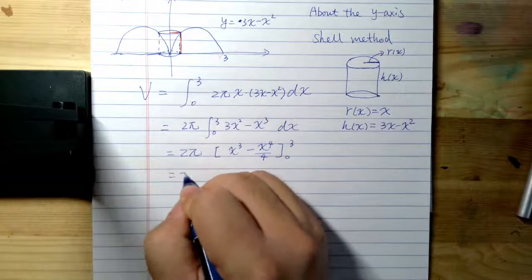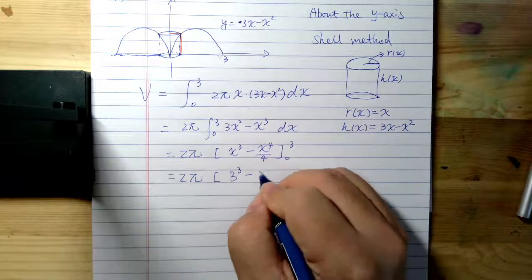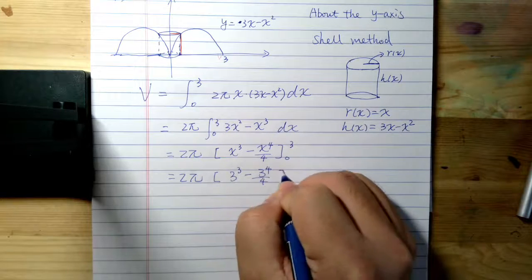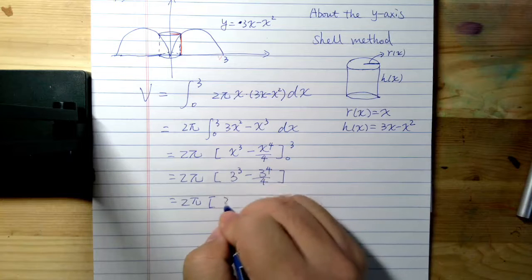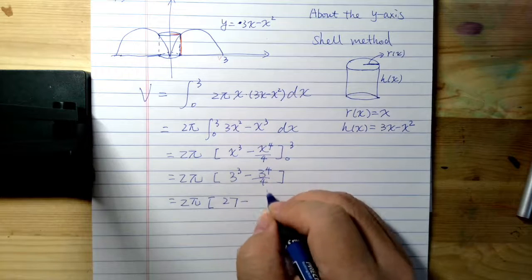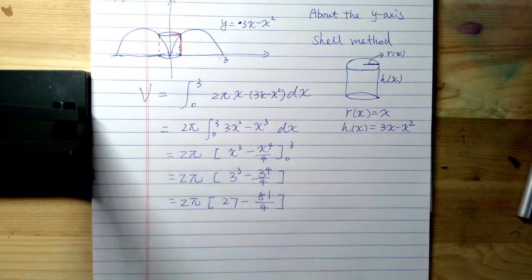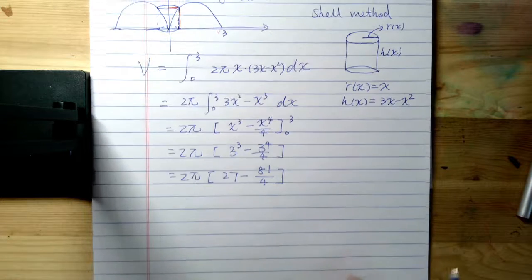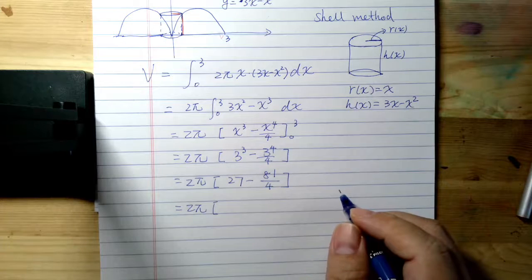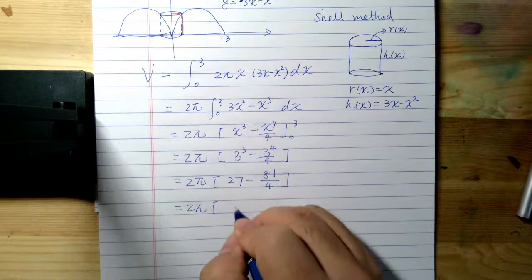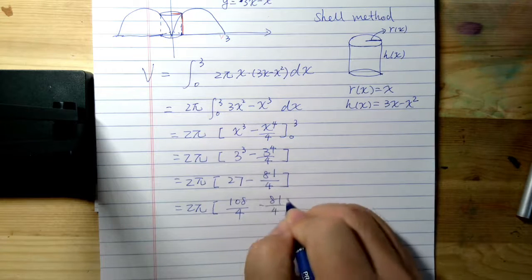With that in mind, we can do 3 cubed minus 3 to the power 4 over 4, times 2 pi. This is going to be 27 minus 81 over 4. So we can do this as 108 over 4 minus 81 over 4.